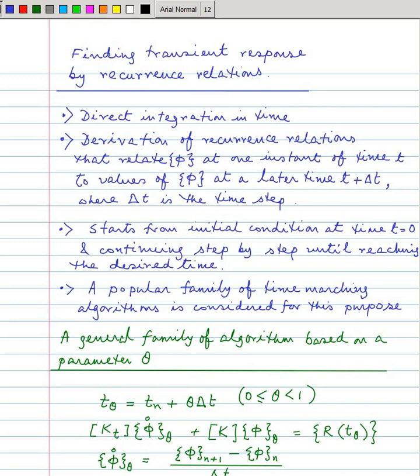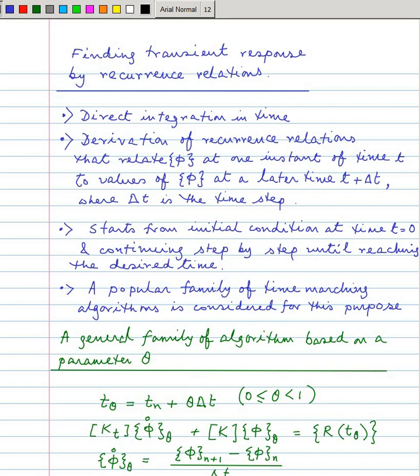And that means we derive a recurrence relation which relates the value of the variable phi at a time t plus delta t with respect to the value of phi at a time t, where delta t is the time step. So we have to write a recurrence relation based on finite difference method that relates phi at one instant of time t to values of phi at a later instant of time t plus delta t, where delta t is the time step.